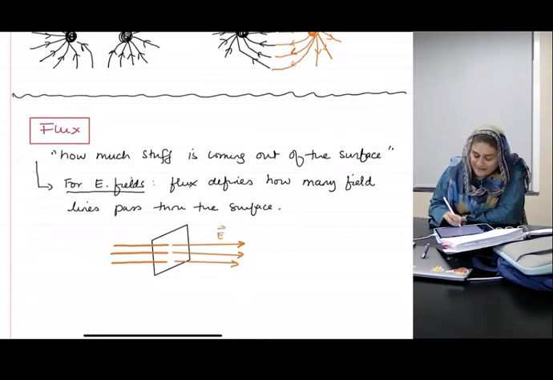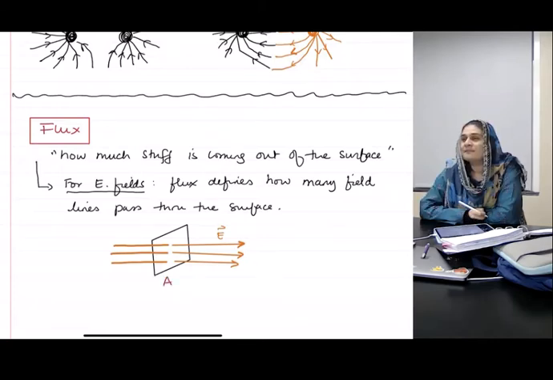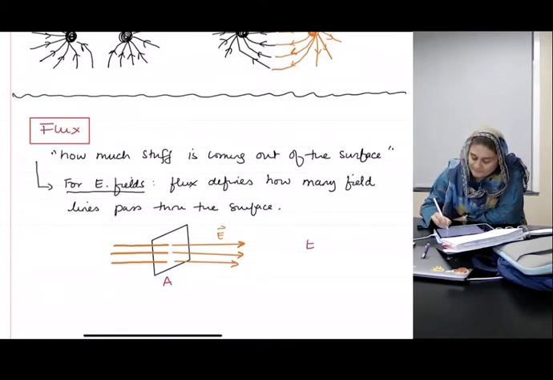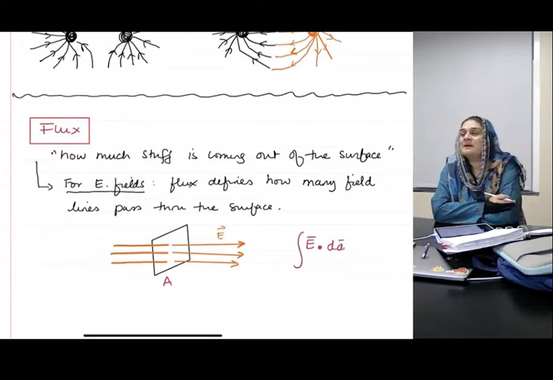And if I define this area to be A, then may I write this, the mathematical expression for how many lines are passing through this area?